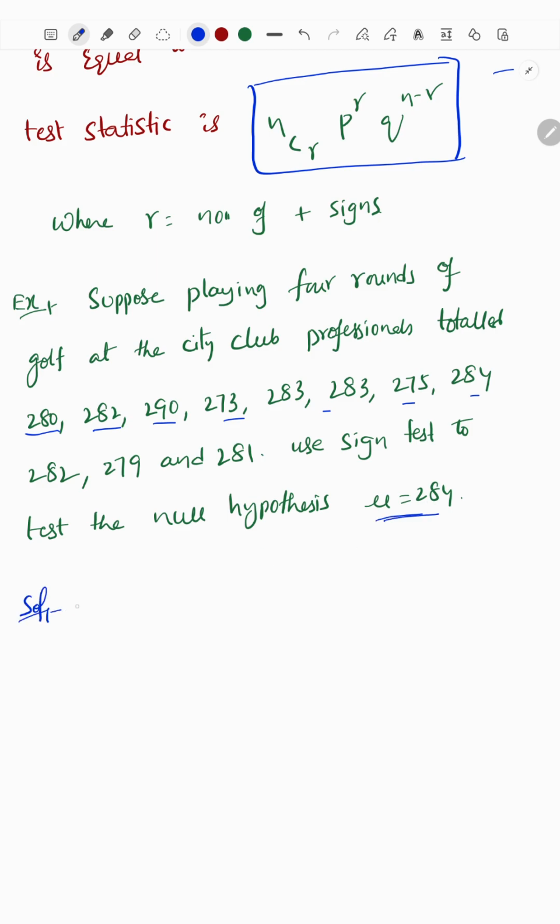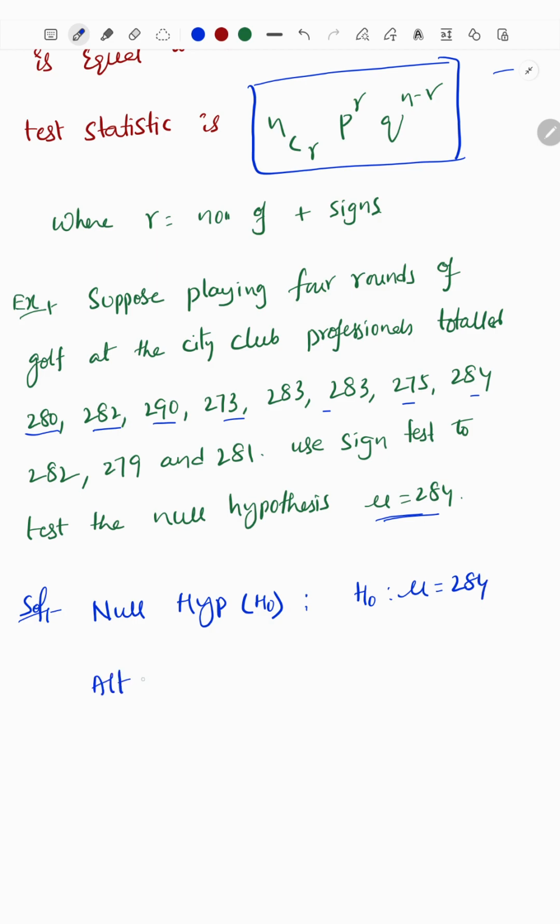Here we follow the same steps. We start with the null hypothesis. He is asking us to take the null hypothesis as H0: mu is equal to 284.